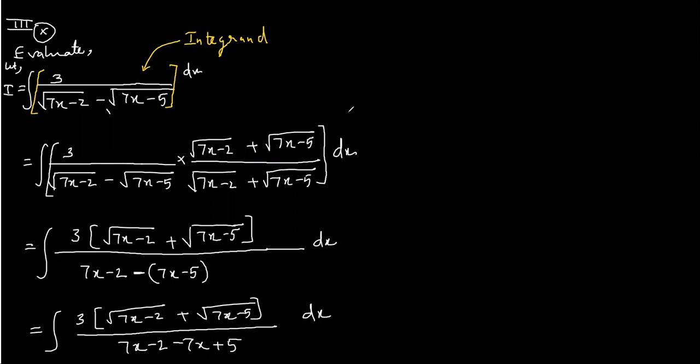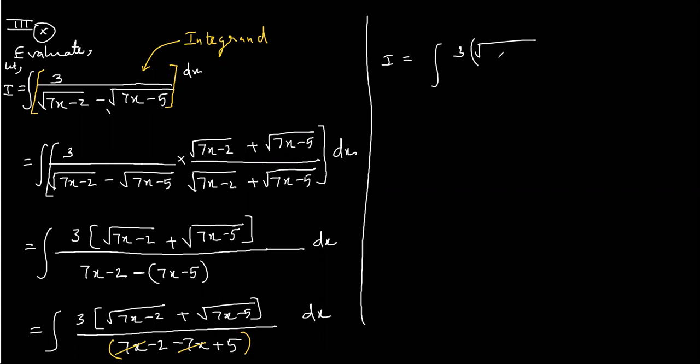You all understand, students, negative 7x and positive 7x cancel. 5 minus 2 is 3. This is after opening the bracket, the sign change. That 3 will get cancelled with the 3 in the numerator. So here I equals the integral of 3 times square root of 7x minus 2 plus square root of 7x minus 5, divided by 3, dx. What happens next, students? This 3 and 3 cancel.